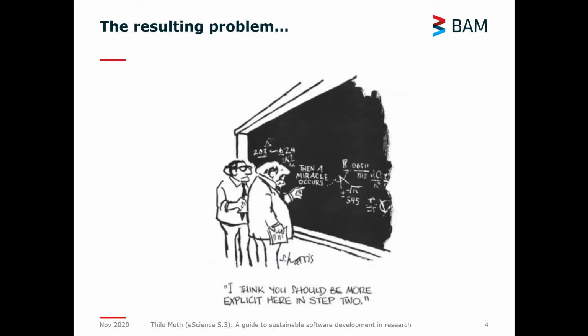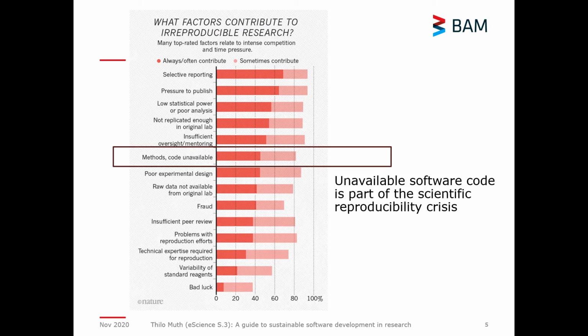So what's the problem with this? The problem is that with this kind of research software development, you will have a problem of reproducibility and also sustainability of these tools. As you can see here in this questionnaire, what factors contribute to irreproducible research?